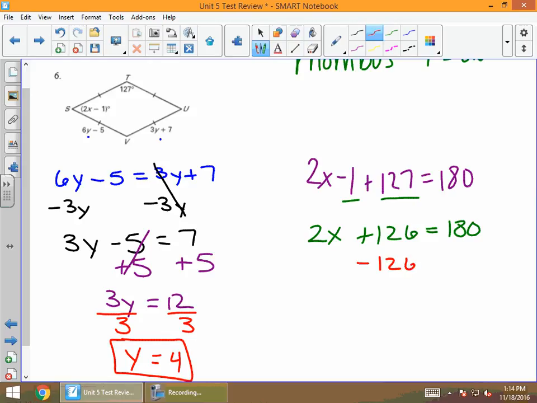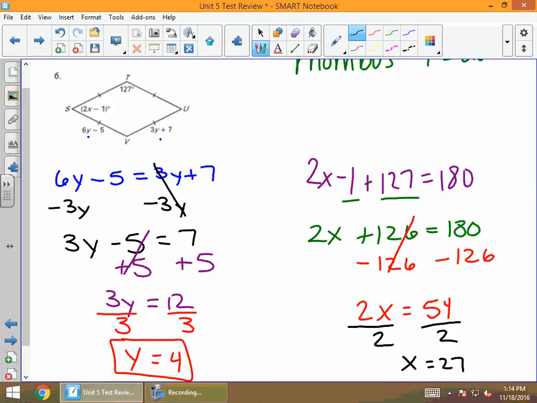Move over the 126. What's 180 minus 126? 54. And then last step, what do we have to do to get x by itself? So x equals what? 27. Very good. And we're done.